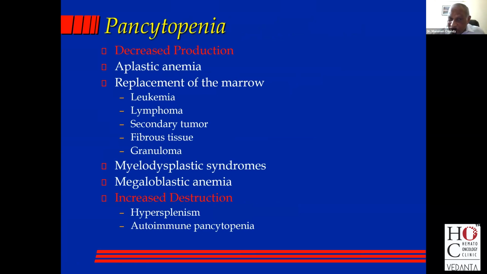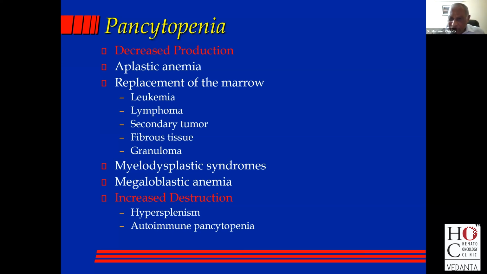If it's decreased production, these are the only causes. One, bone marrow is empty, aplastic anemia. Two, the bone marrow has been replaced by something that shouldn't be there: leukemia, lymphoma, secondary tumor, fibrous tissue, granuloma. Any of these things replacing the marrow and you have pancytopenia.